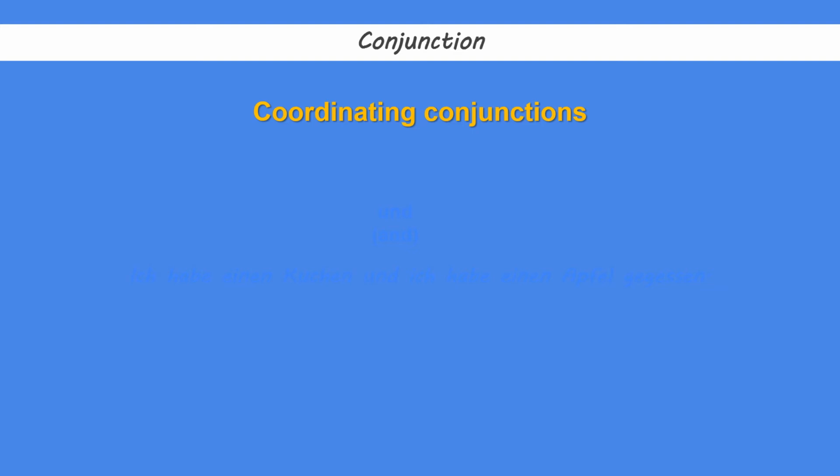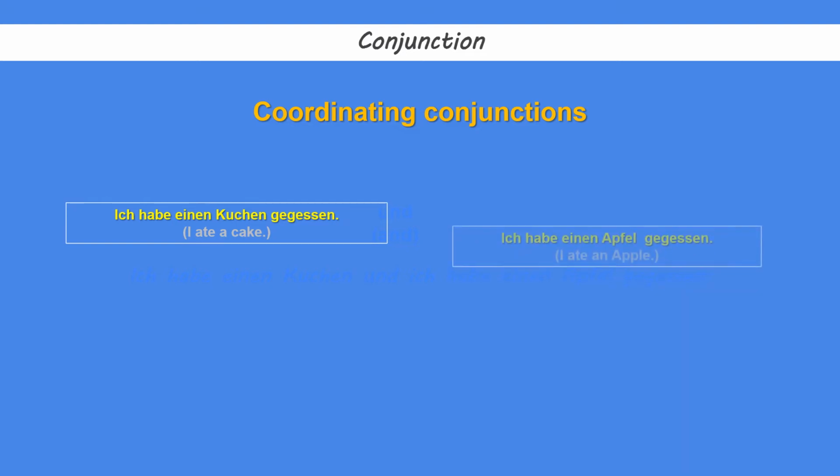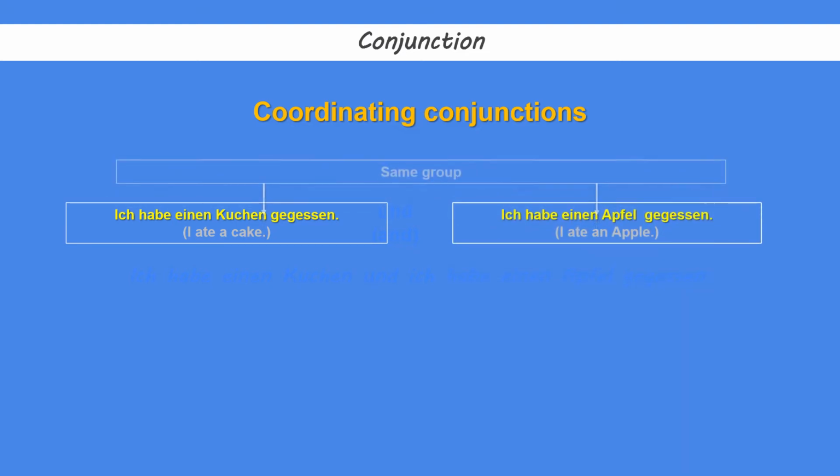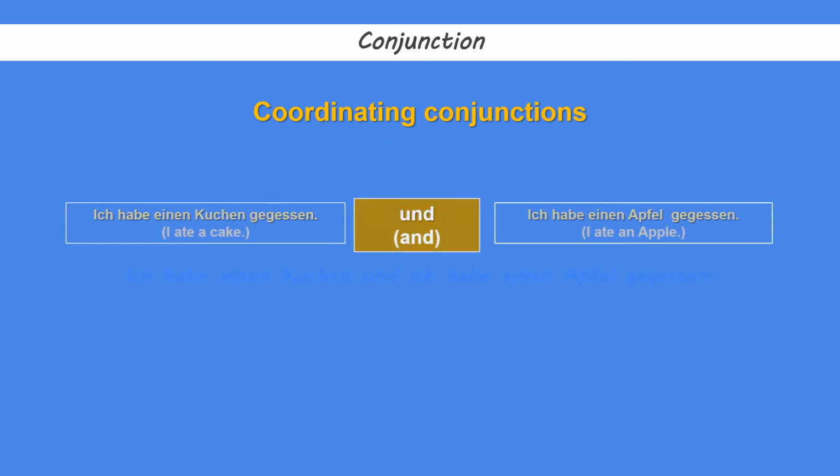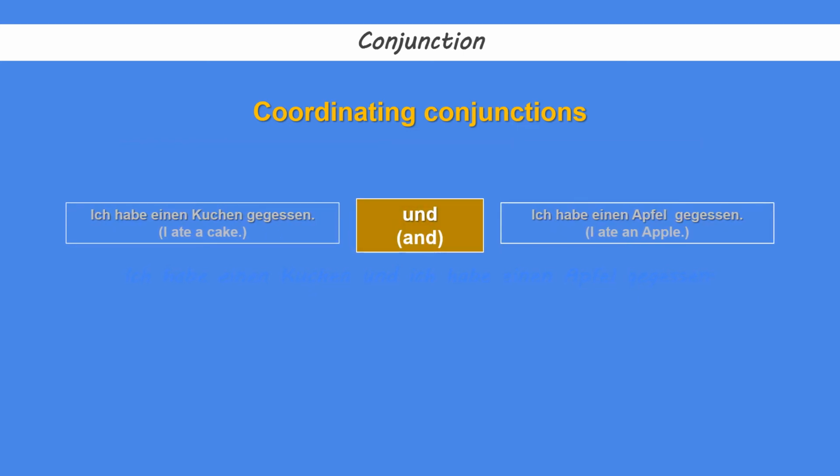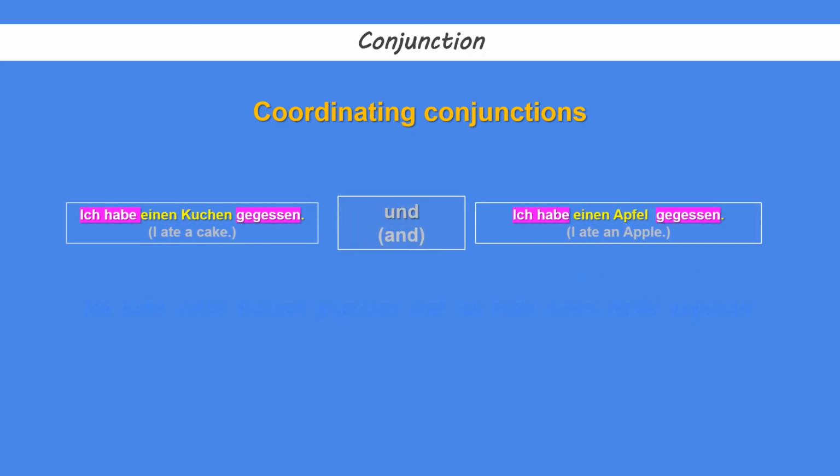Ich habe einen Kuchen gegessen. I ate a cake. Ich habe einen Apfel gegessen. I ate an apple. Since the subject and the verb of both clauses are the same, we can omit some parts of them.